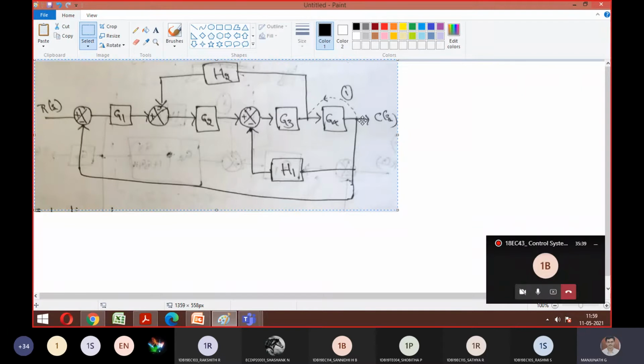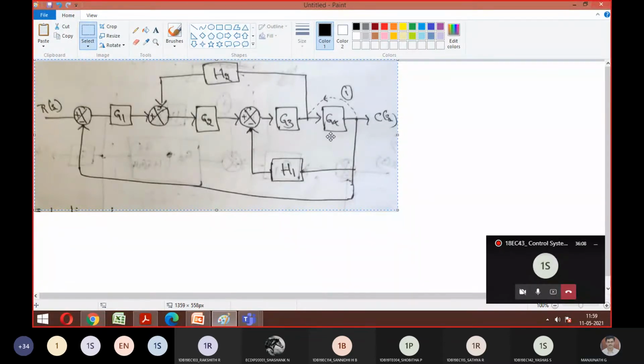So before means what should I multiply? Ahead means the 1 by G concept. If you are going before, it should be only G.